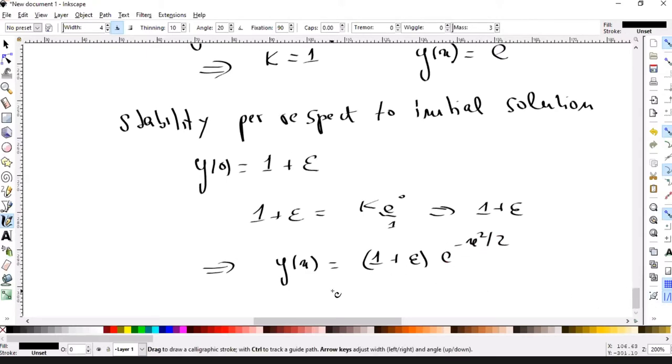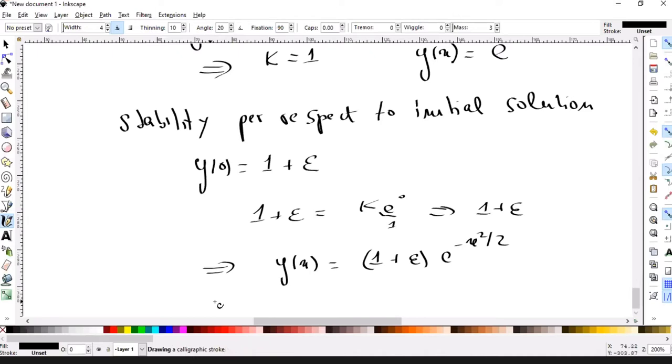So in this case, this problem is stable with respect to round off error, because when x increases, the error does not increase exponentially or dramatically. It even decreases with x, which is very good.